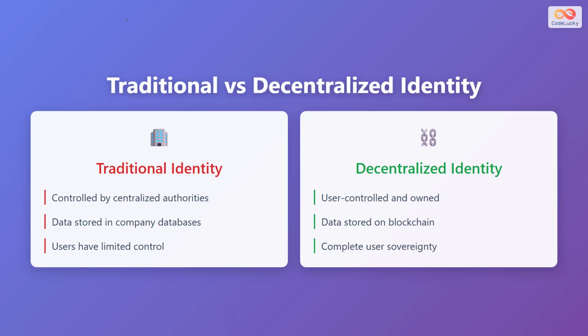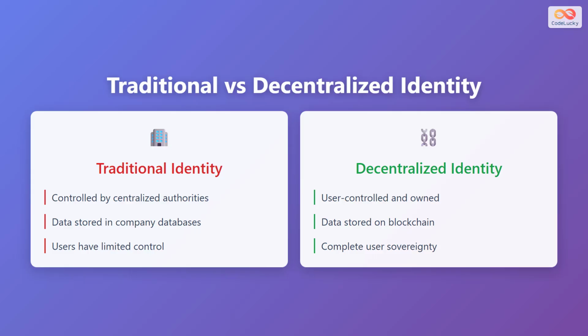Let's understand the fundamental difference between traditional and decentralized identity systems. In traditional identity systems, centralized authorities like governments, corporations, or service providers control your identity data. Your information is stored in their databases, and you have very limited control over how it's used or shared. In contrast, decentralized identity flips this model entirely.